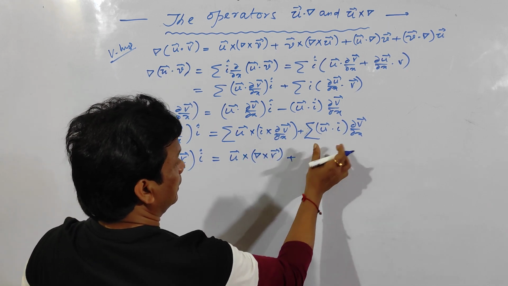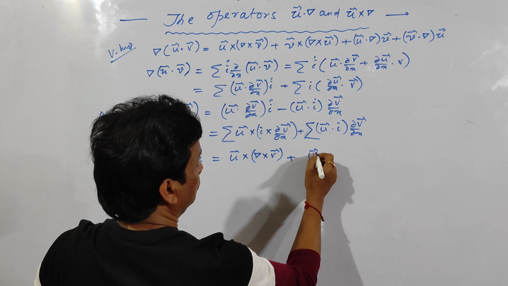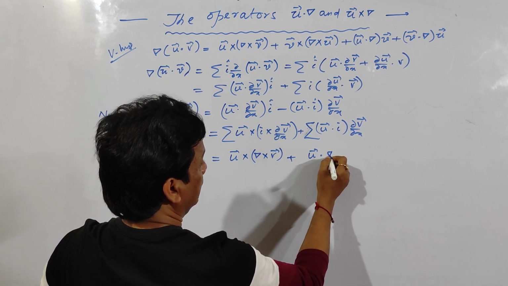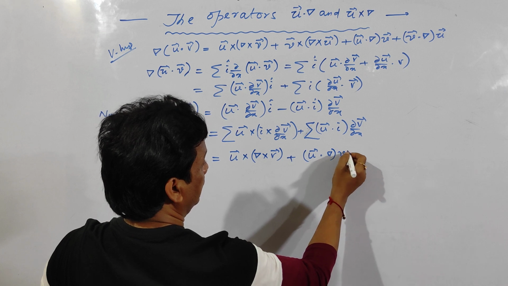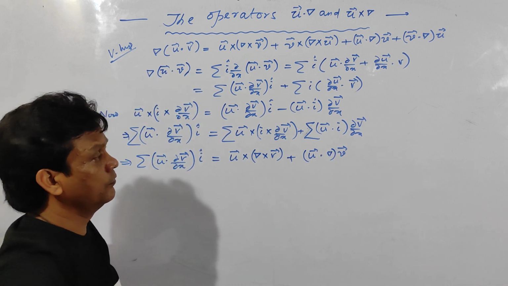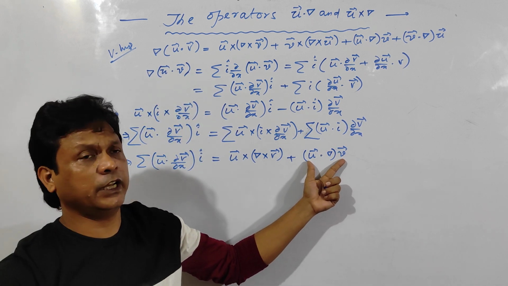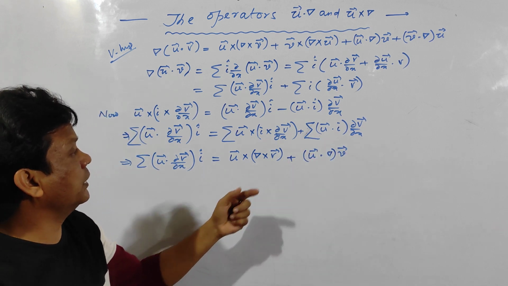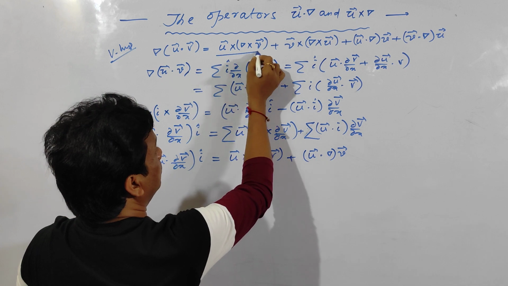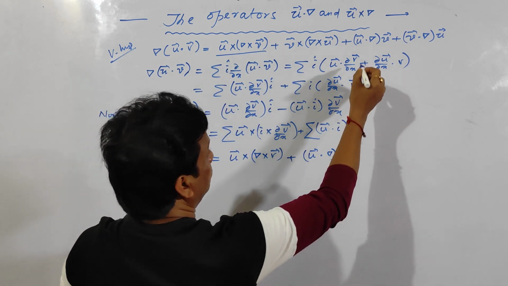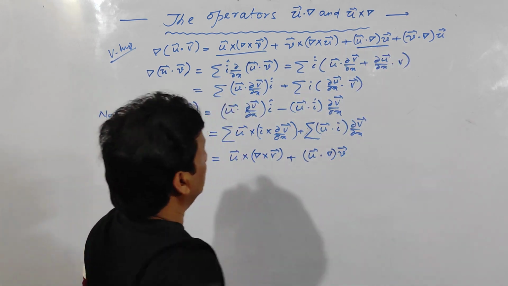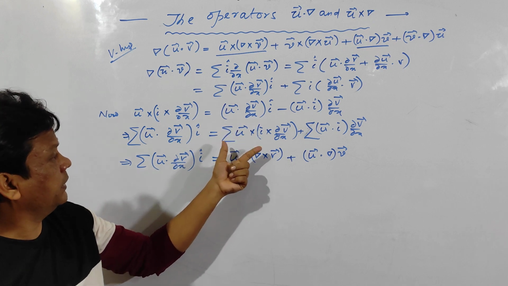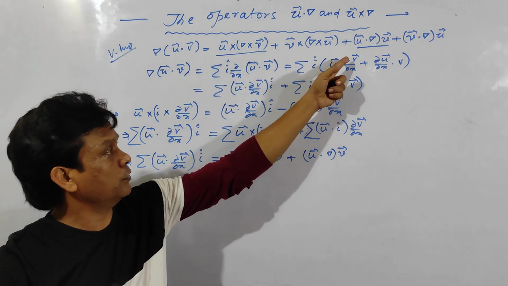And plus this one is u dot del of v. U dot del of v I have already told you. So I have got u cross del cross v and u dot del of v. That means from the first part we have got these two.